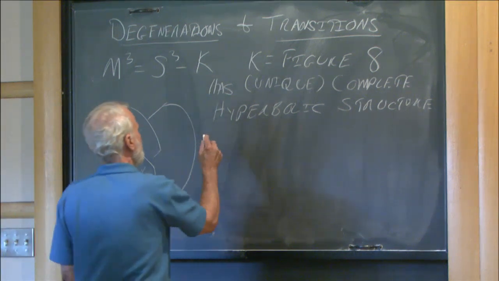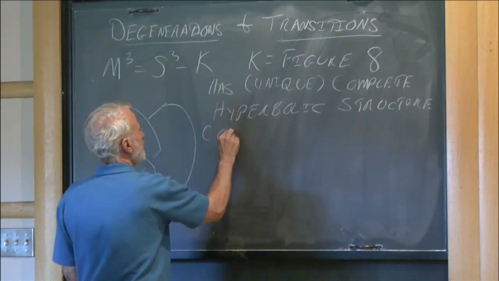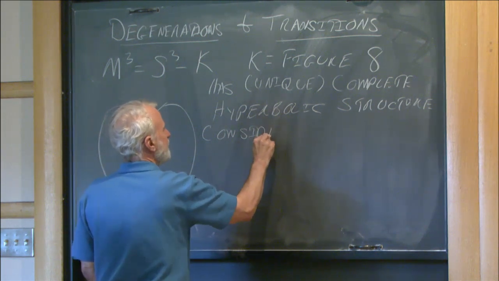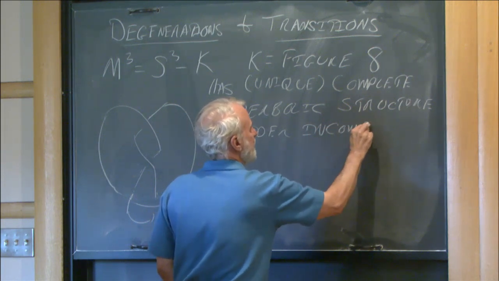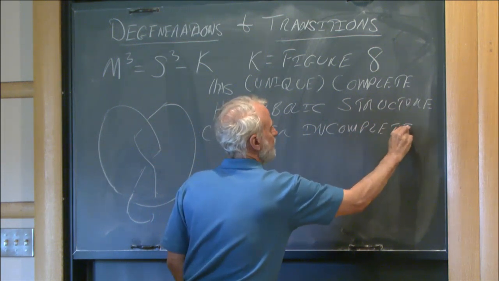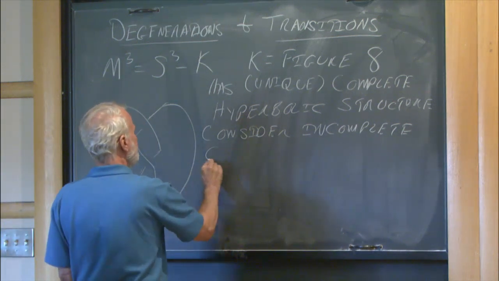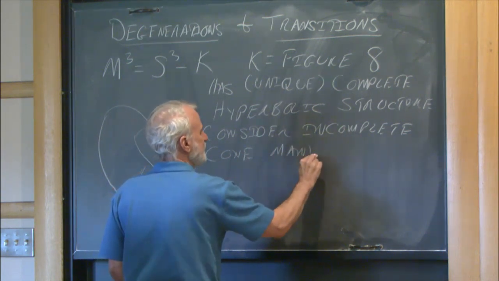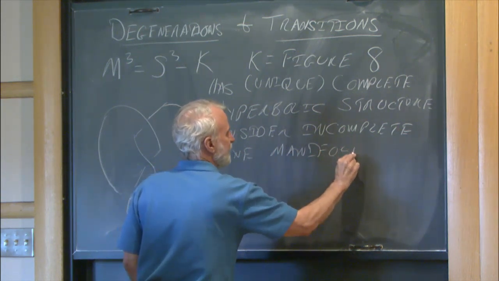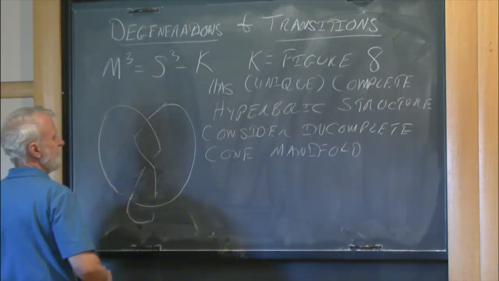So in particular, we can consider incomplete structures. And when we complete them, the completion we want to assume is what's called a cone manifold. This will actually be a singular hyperbolic structure on the 3-sphere here.